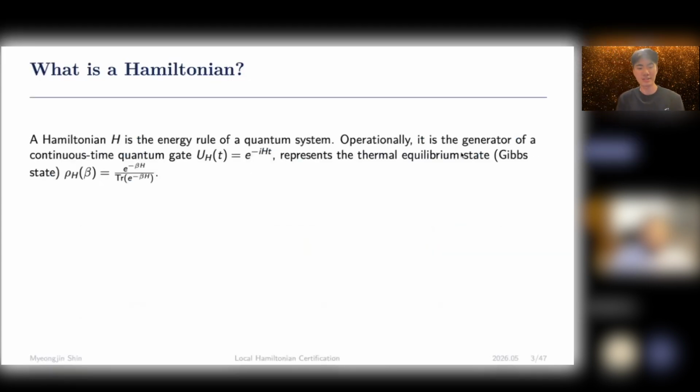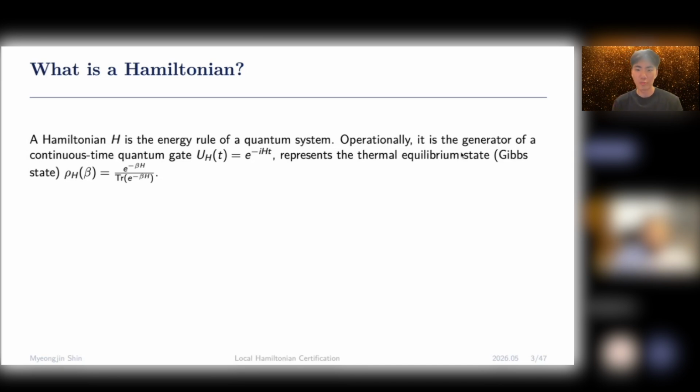So let me start. As I said, we're going to certify and learn a Hamiltonian. First, we should know what a Hamiltonian is in this setting. As you know, a Hamiltonian is the rule of a quantum system. It is usually used in the Schrödinger equation to describe the quantum system.